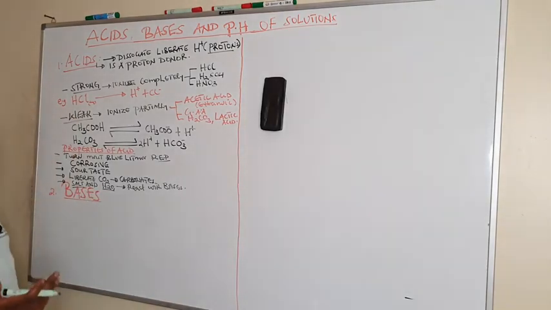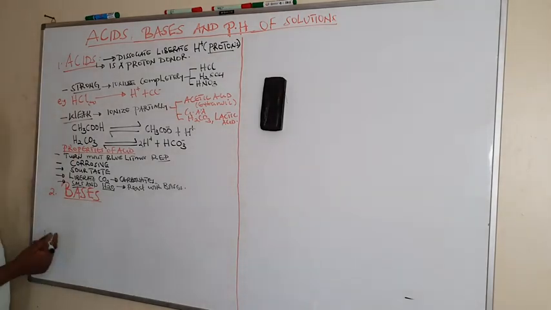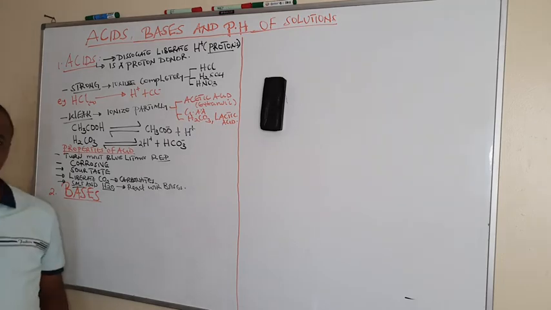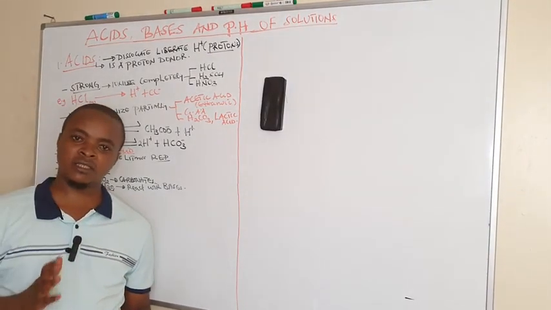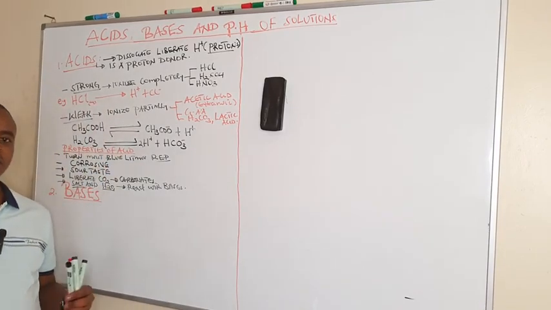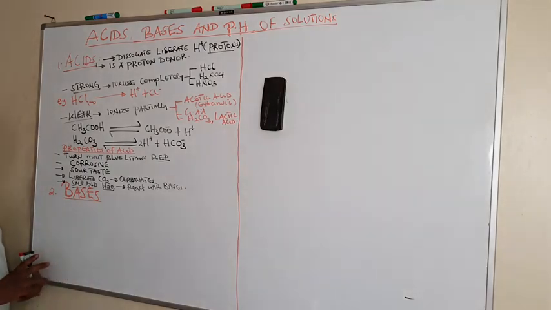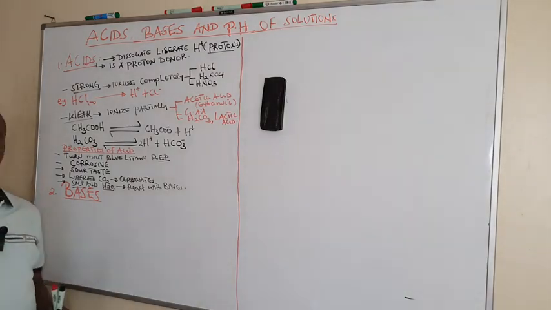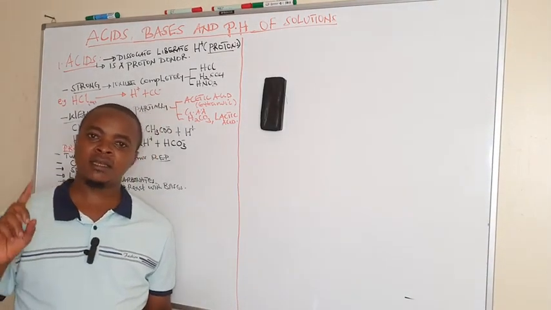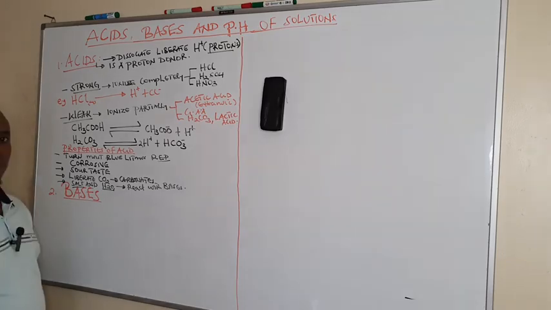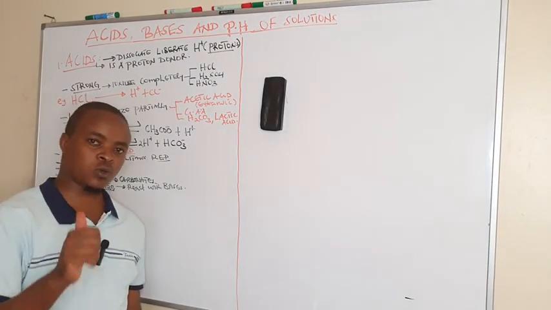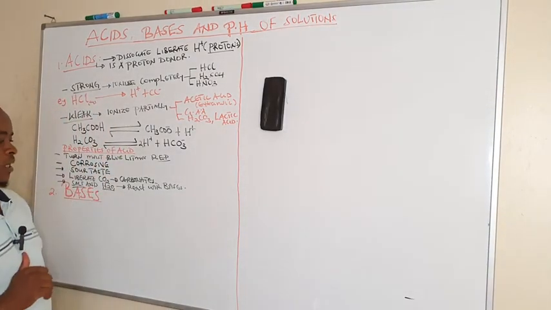So these are some of the properties of acids: they turn blue litmus paper red, they are sour in taste, corrosive, meaning you cannot touch them with your bare hands, when reacted with carbonates they liberate carbon dioxide, and when they react with bases they produce only salt and water.